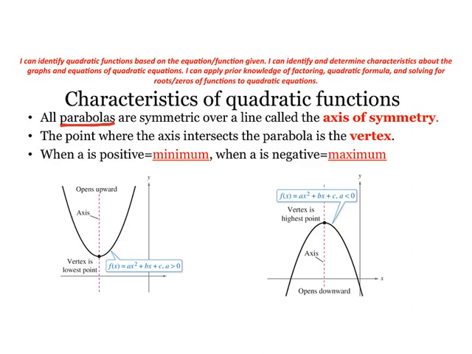Parabolas are symmetric, meaning I can fold them perfectly in half and they will fold on top of each other. Okay? So all parabolas are symmetric over something called the axis of symmetry. That's just a fancy name for if I were to fold my parabola perfectly in half, the fold line, the crease in my paper is the axis of symmetry.